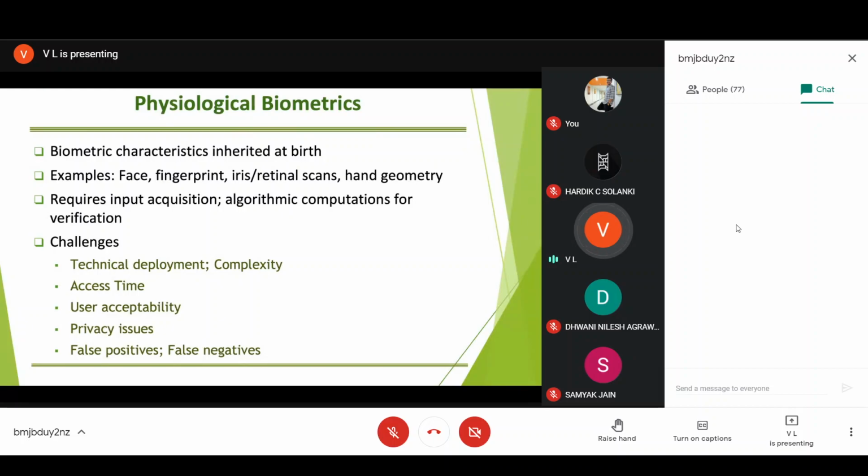So speech may be affected by that. To ensure that the user is not denied access because of these variations, you may have to collect many speech samples at different times so as to ensure that the user can go through.